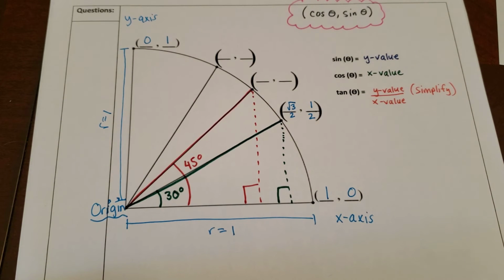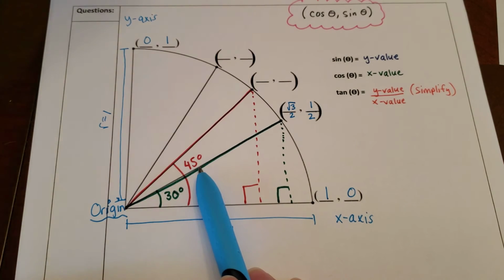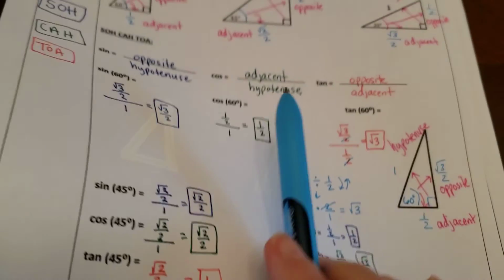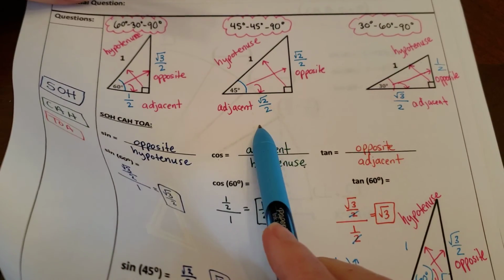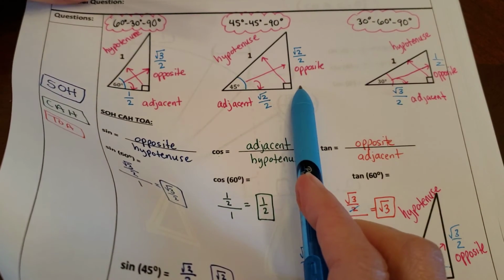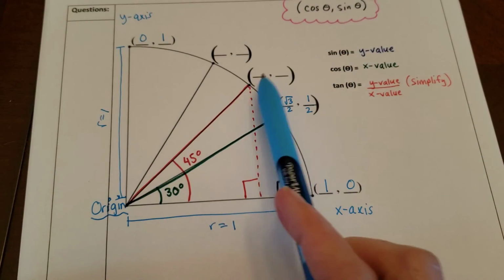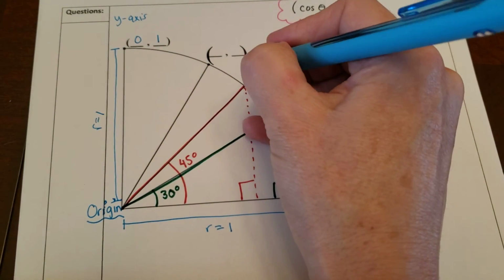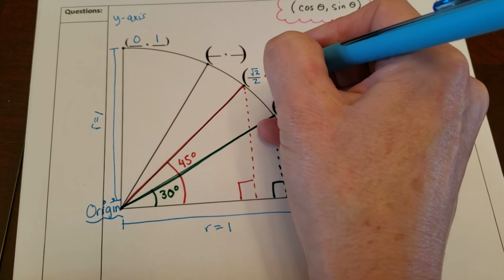I will give you the length on here, but you can probably figure it out because on a 45, if we look back at the notes from yesterday, both the legs are radical 2 over 2 and radical 2 over 2. So that means this point will be radical 2 over 2, radical 2 over 2.